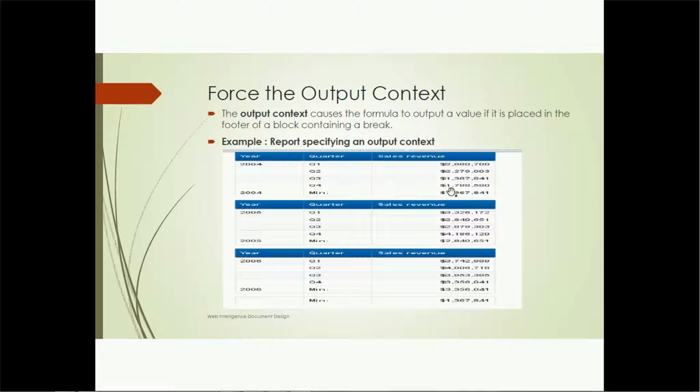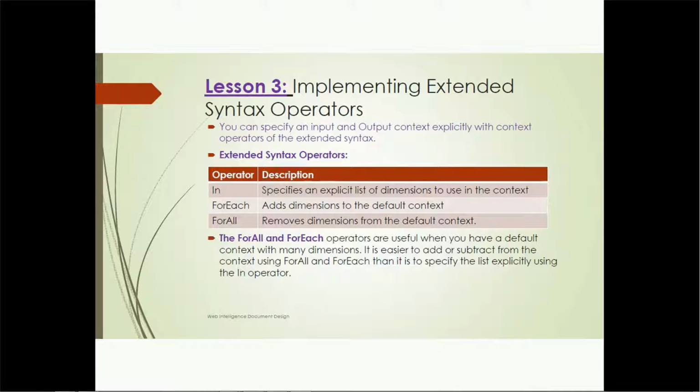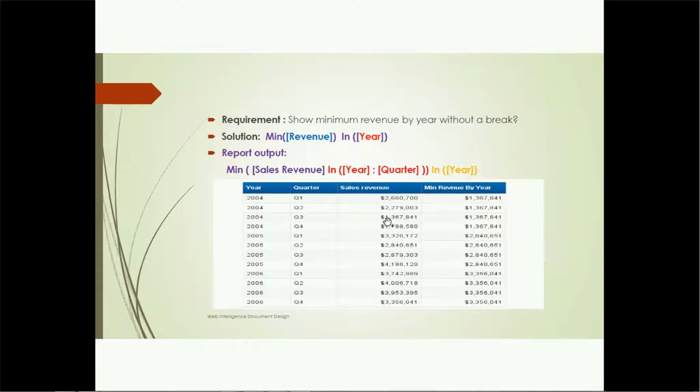For 2005, the minimum revenue is shown here. For 2006, it is shown here. But if I want to show the minimum revenue for each year without a break, then how can we force it?